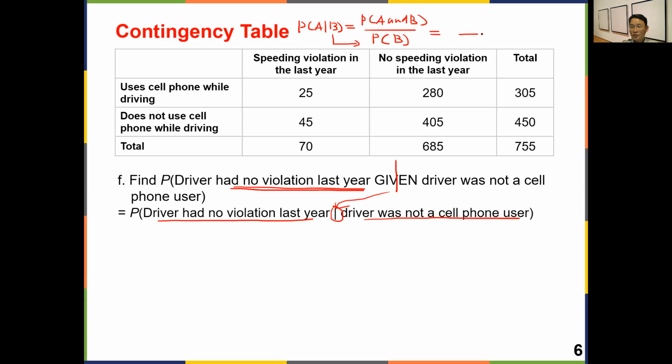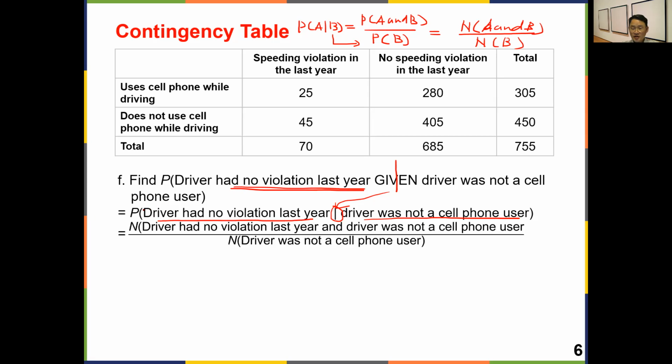But you can also use this formula when it comes to the contingency table. Instead of using P, we can use N for number: N of A and B over N of B. So this P we can rewrite as N: how many of them had no violation last year and not use cell phone.